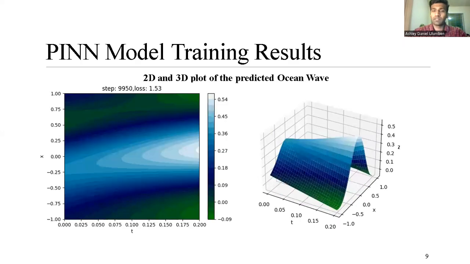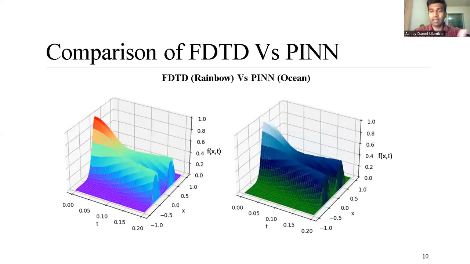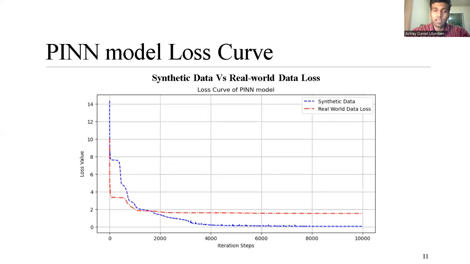As we can see, the previous slide is the real world data, and this one is the synthetic data. And so we validate the PINN model because it is an exact replica of how the traditional methods would produce the solution. And so we can say that our model performs accurately well in generating the propagation and elevation of the ocean wave.